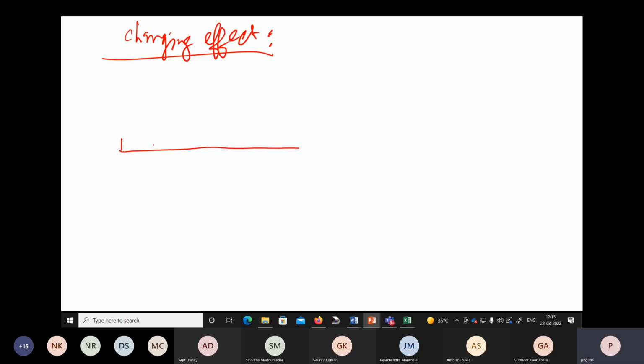This is my sample, this is the incident electron, this is the backscattered electron, and this is the secondary electron.